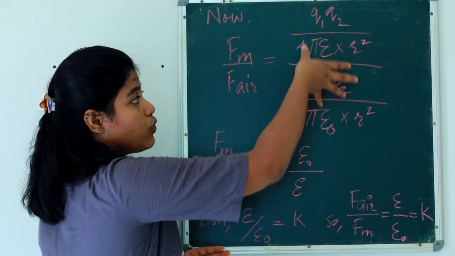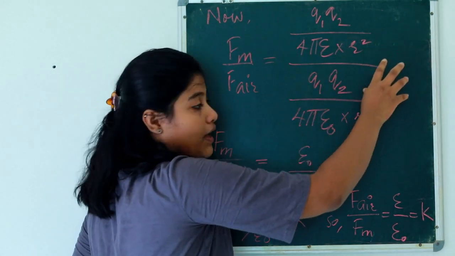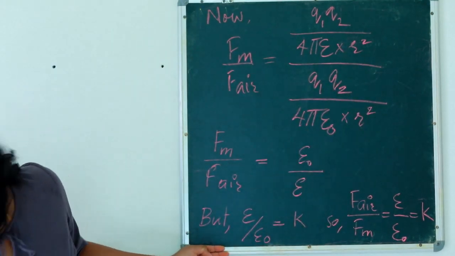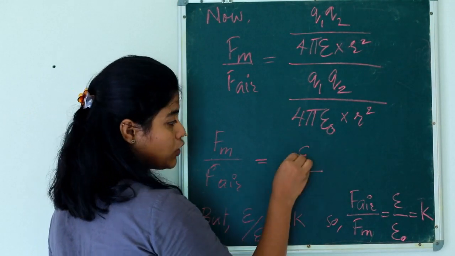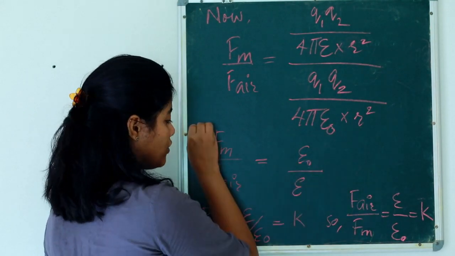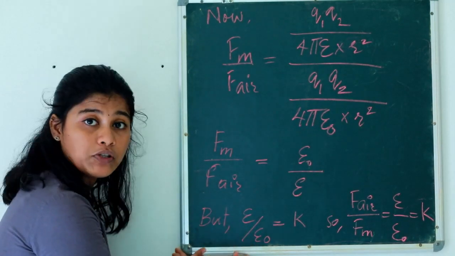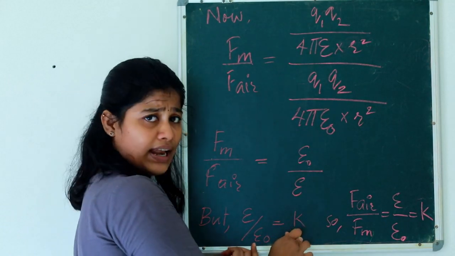These are 2 fractions, so we can take the reciprocal of the denominator and multiply. On multiplying, everything cancels and we get F medium by F air is equal to epsilon by epsilon 0. But we know that epsilon by epsilon 0 is equal to K, that is the dielectric constant.